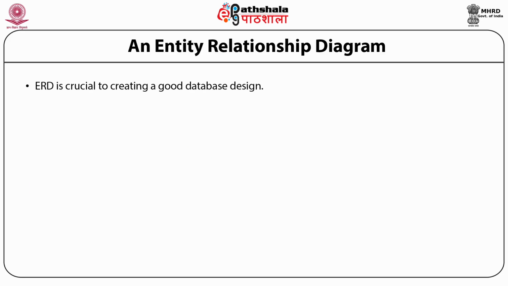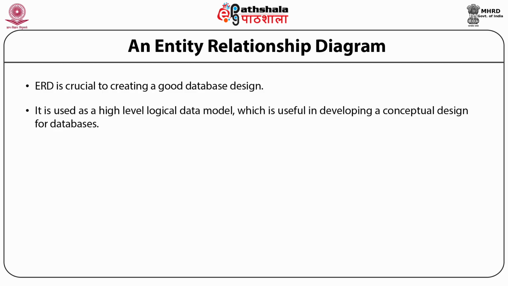ER diagrams are very crucial to creating a good database design. It is used as a high-level logical data model, which is useful in developing a conceptual design for databases. An entity is a real-world item or concept that exists on its own.